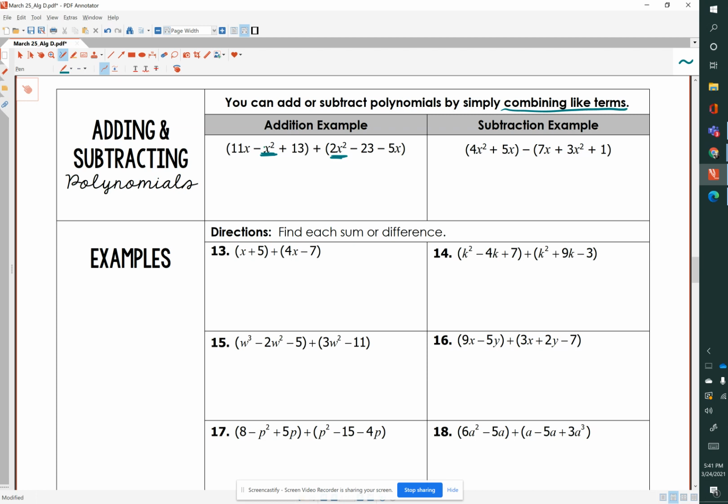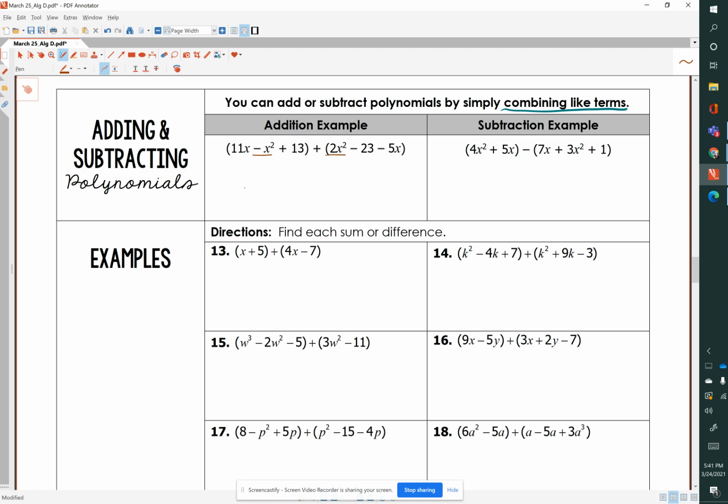But we have a negative 1. This is a negative invisible 1. I'm going to change my colors as I work. So I'm going to make the line a little thinner. Okay, so we have negative 1x squared plus 2x squared.